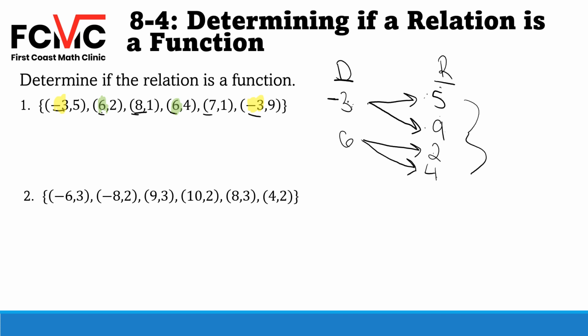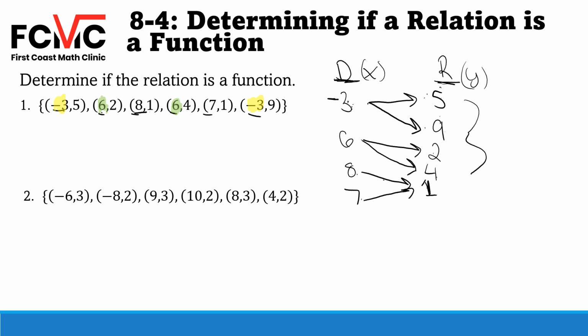Let's compare that to the 8. So 8 is paired with 1, and 7 is paired with 1. Now, both 8 and 7 are paired with 1. But remember, our relation is a function if each domain value is paired with only one value in our range. Each value from our set of x values is paired with only one value from our set of y values. Is 8 paired with more than one value?